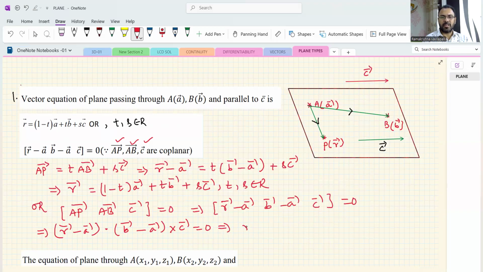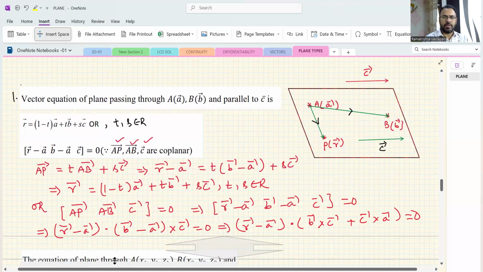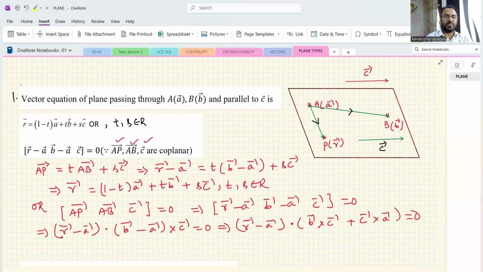This is nothing but (R bar minus A bar) dot (B cross C plus C cross A). Now you can put it in box form. It is so simple to put in the box form.